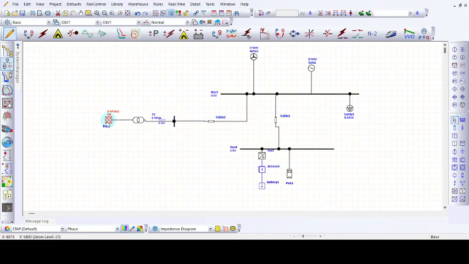So we give input to the parameters. The rating for the grid is about 11 kV. I assume it is an 11 kV grid. The short circuit MVA is about 100 MVA, and the X by R ratio is about 14. Then we go for the transformer input.